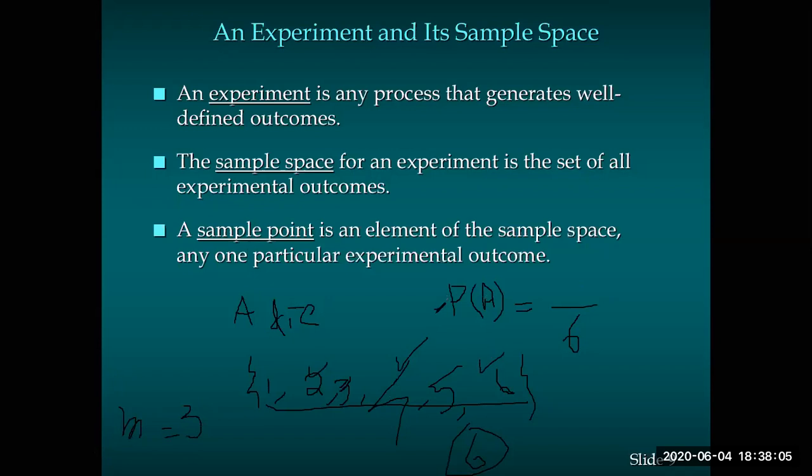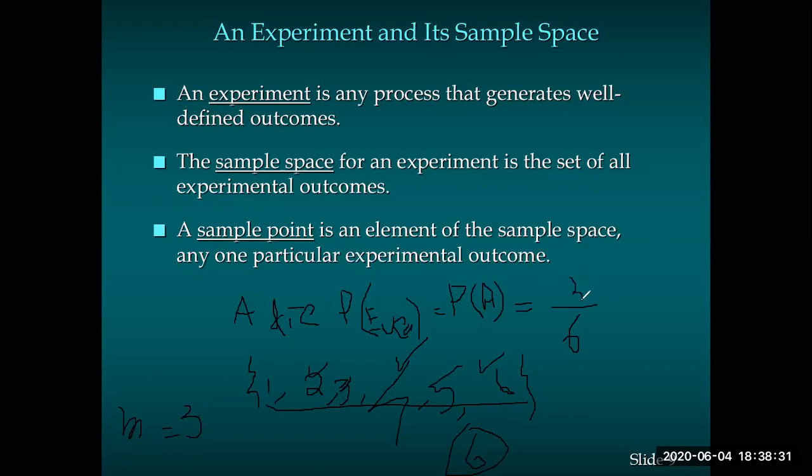So I can write this as probability of A, or I can write this as probability of even number. So probability of even is equal to probability of, and favorable are 3.